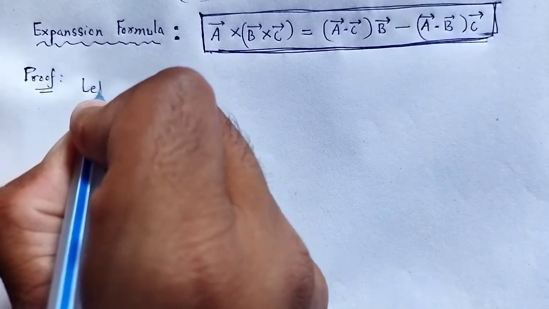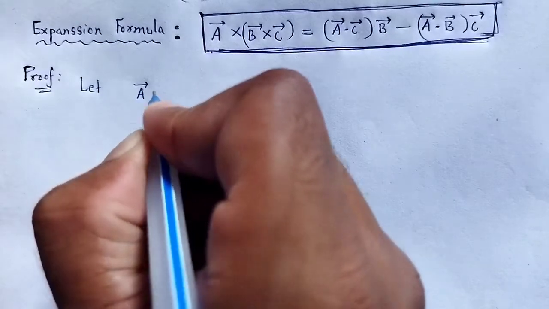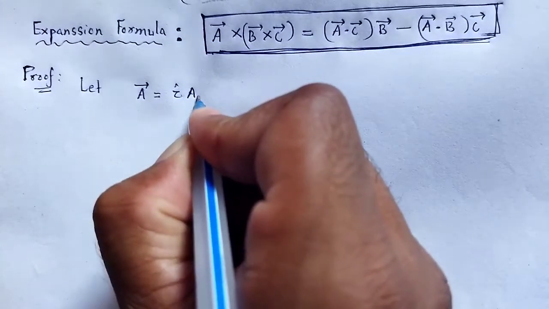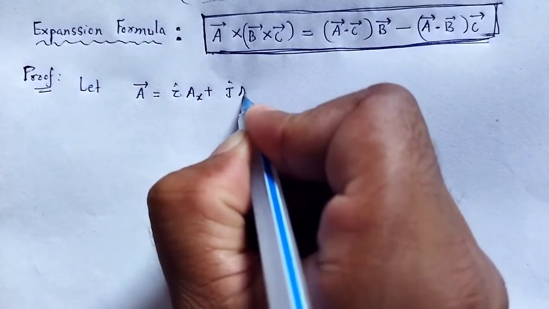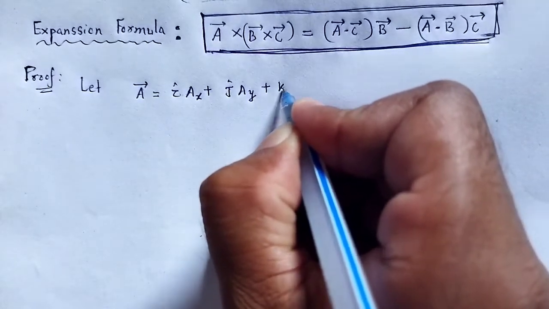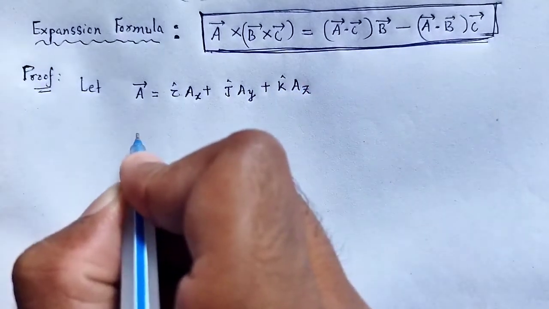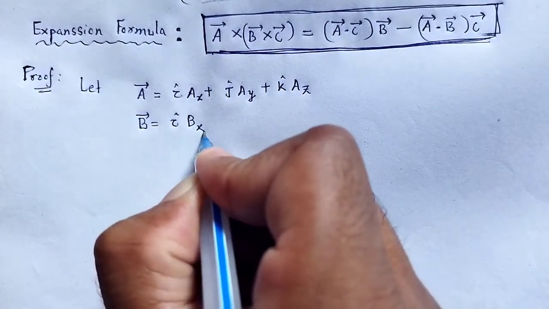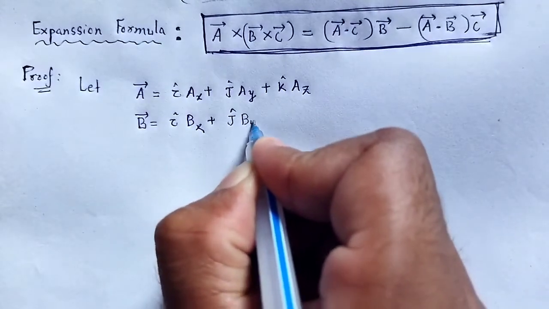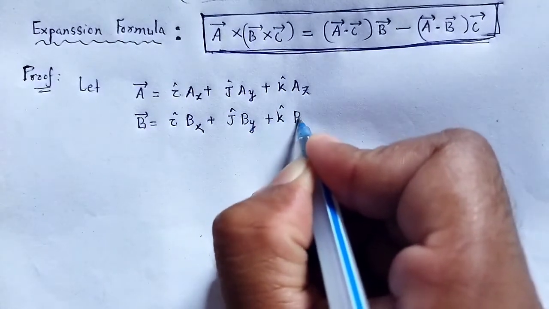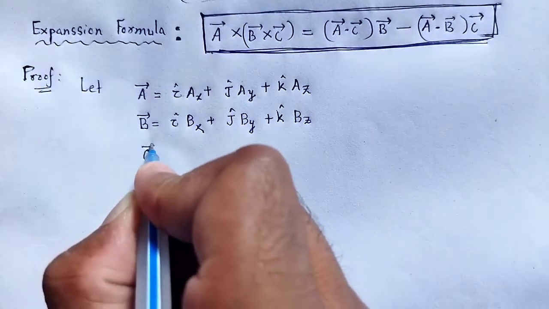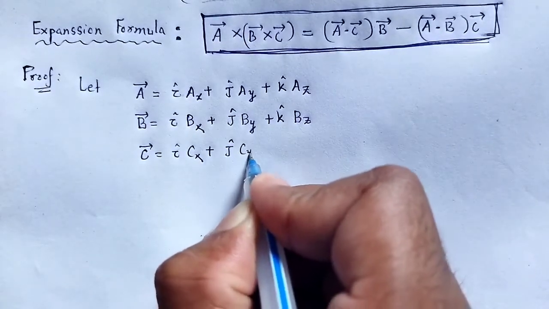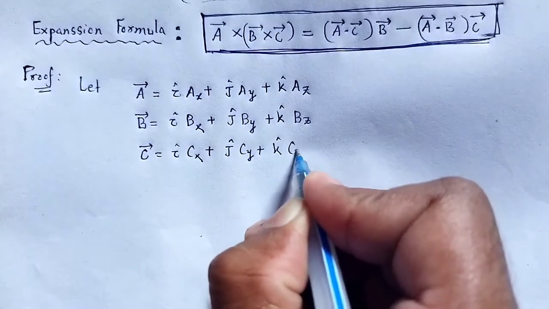Let the rectangular components be: A vector is i cap Ax plus j cap Ay plus k cap Az, B vector is i cap Bx plus j cap By plus k cap Bz, and C vector is i cap Cx plus j cap Cy plus k cap Cz.